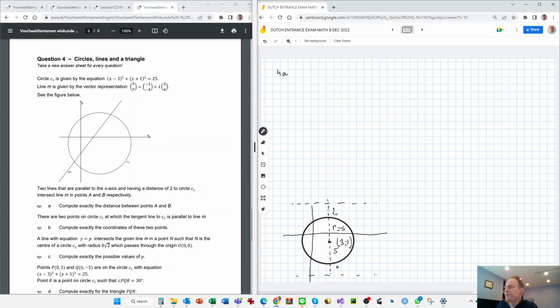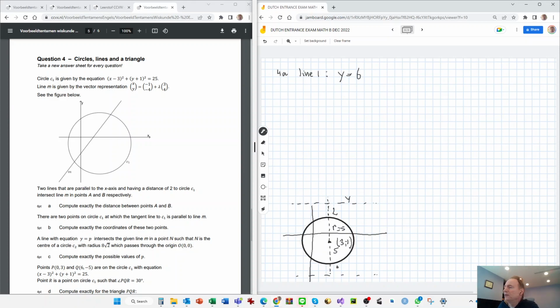So the first line, say line 1, is basically y is equal to -1 plus 5 is 4, plus 2, y is equal to 6.